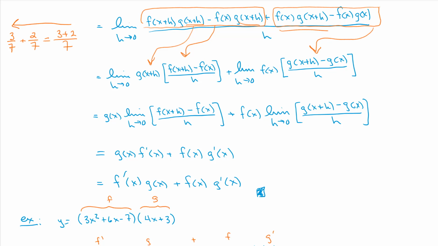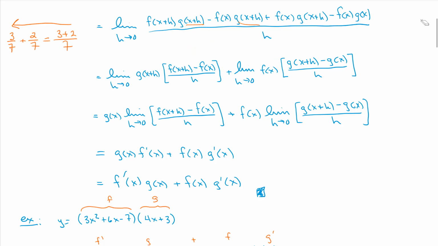If you look at the two terms in this second box, you'll notice they each have a factor of f of x. Okay, what I've done here is to factor out the f of x like that, leaving in the numerator g of x plus h minus g of x, and it's still all over the h. Okay, so there's the next step.